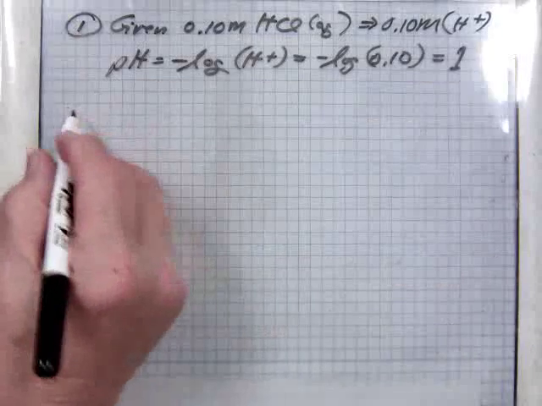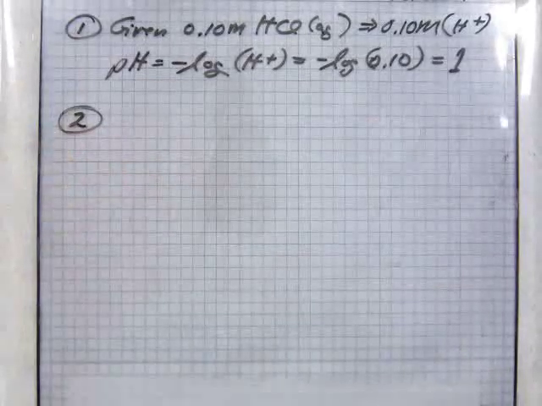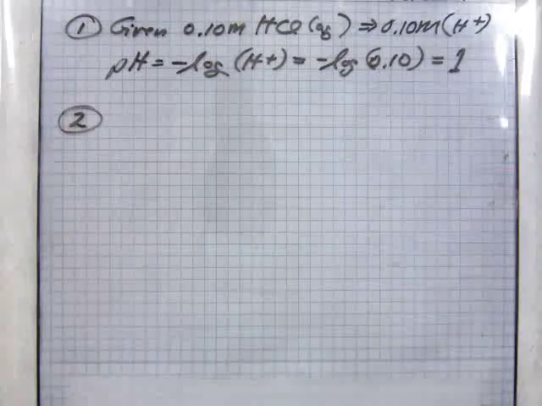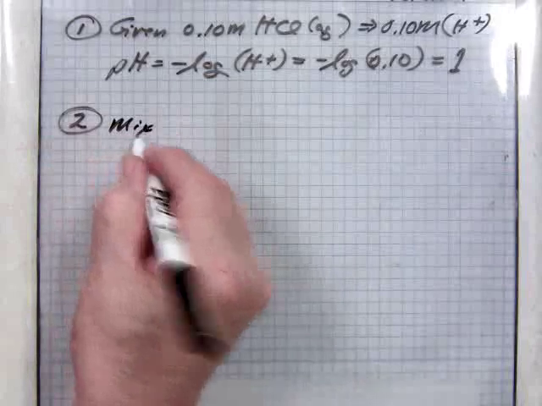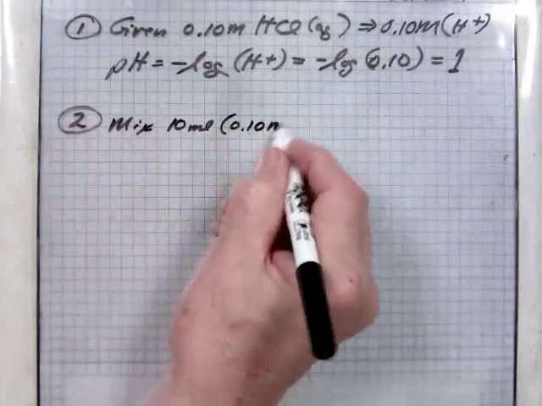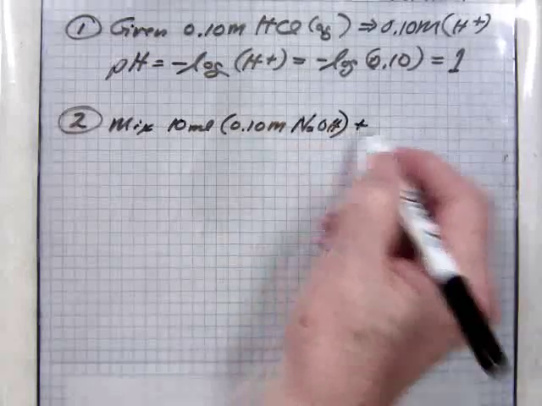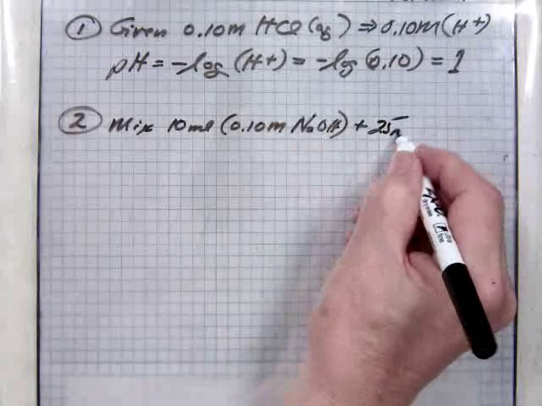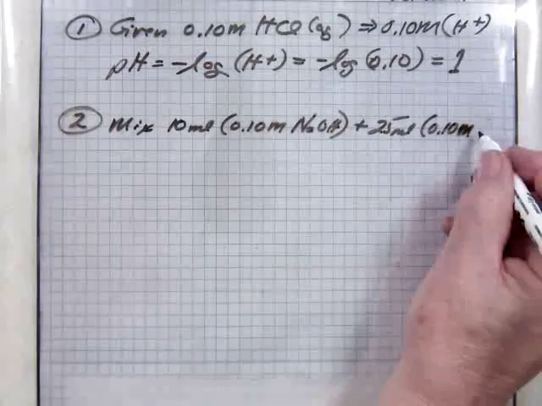Okay, so the second calculation is a limiting reagent type calculation, and in that we're going to mix 10 milliliters of 0.10 molar sodium hydroxide with 25 milliliters of 0.10 molar HCl.